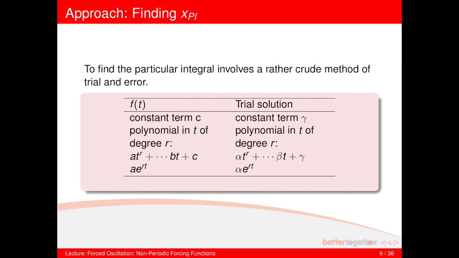If your forcing function is a polynomial, then this is what we try. If your forcing function is an exponential, then we try this one, and so on and so forth. Basically we find these values based upon our differential equation, and then you can solve for the whole problem. You get a general solution, and then you apply initial conditions to get the exact solution.